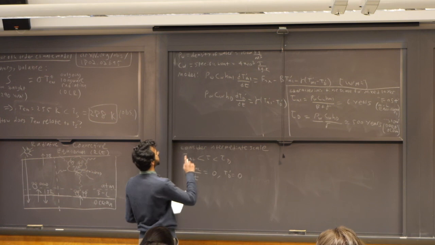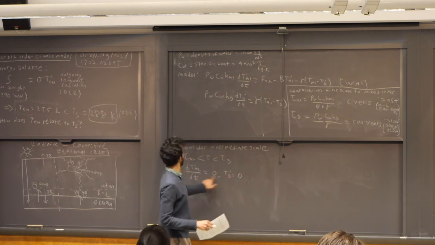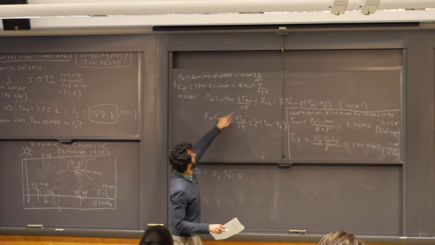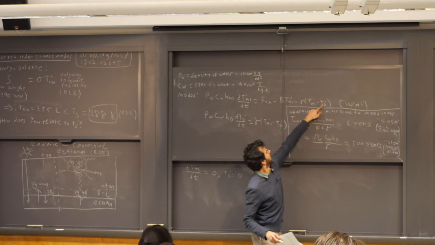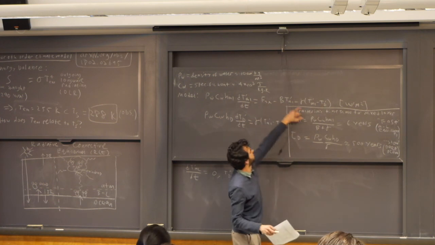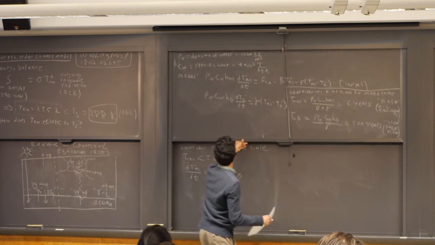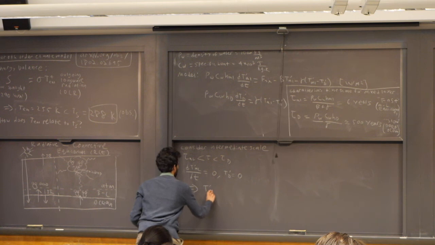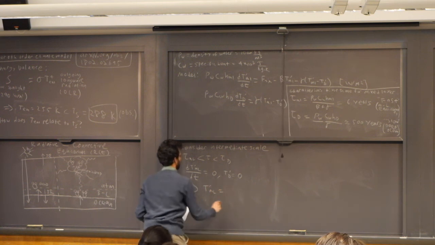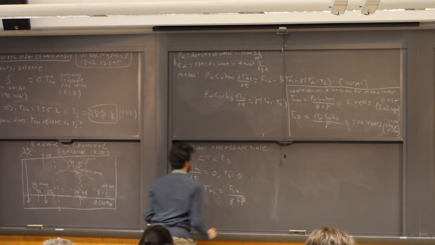But now I can go back to my equations, right? So if I take these two quantities and I look at this guy, I set this to 0, and I set that to 0. And then I solve. And that's an equation that only has these three terms, and I can solve for the mixed layer temperature perturbation. So I get that the mixed layer temperature perturbation is the forcing divided by gamma plus beta.